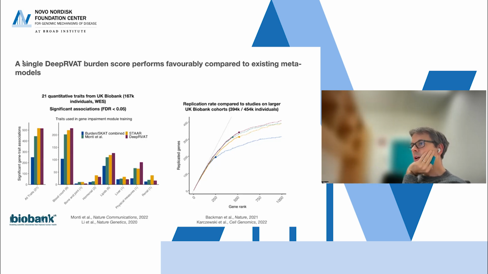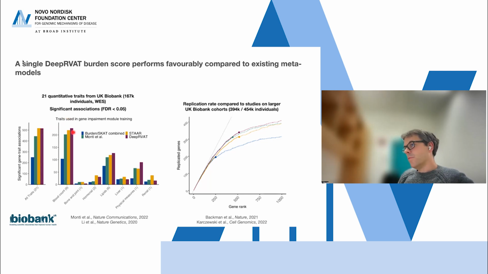What I want to convince you of with this slide is that this one model, which is essentially linear regression of a single trait-agnostic gene burden, is as good as complicated meta models that are extremely inefficient in their complexity, computationally and in generalizability, which I can show you later, to train.